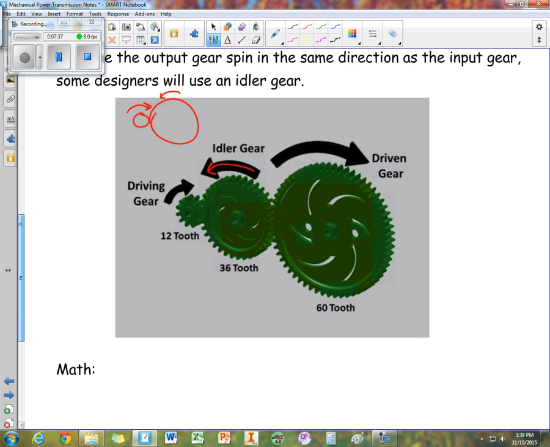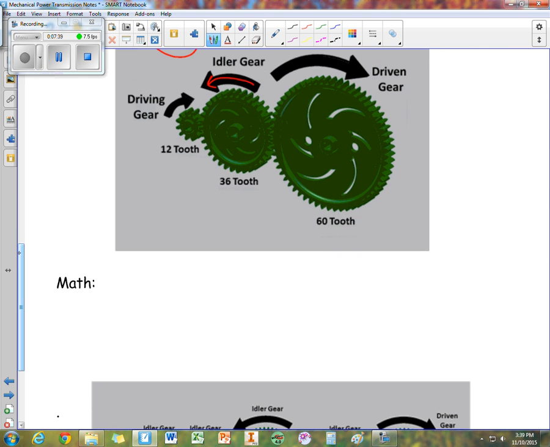But how does that affect the mechanical advantage? Well, let's find out. Remember that mechanical advantage is output teeth divided by input teeth. So here, again, this is the input side, this is the output side.